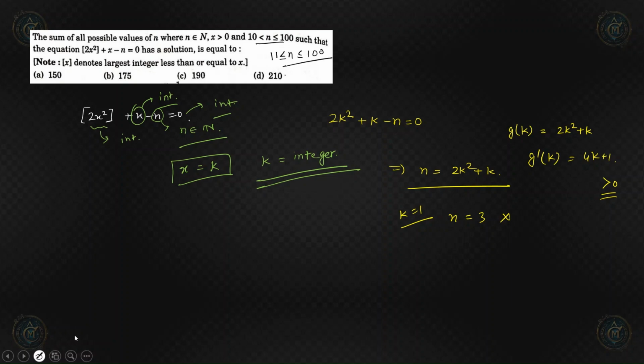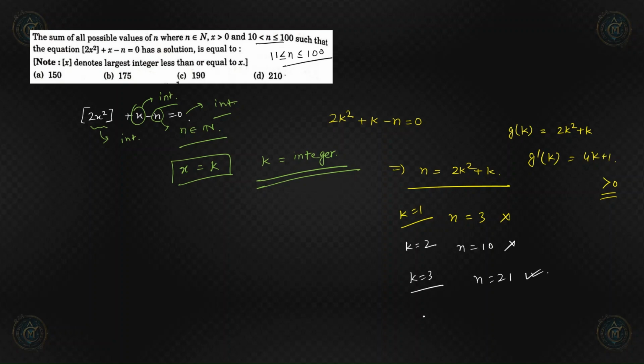So let us take k equal to 2. 2 gives us 2 square, so 4 times 2, 8 plus 2, so n equal to 10. This is also not possible, because we are not including n equal to 10. So we must have k equal to 3, right? For k equal to 3, we have 9 into 2, that is 18 plus 3, so n equal to 21. This value is acceptable.